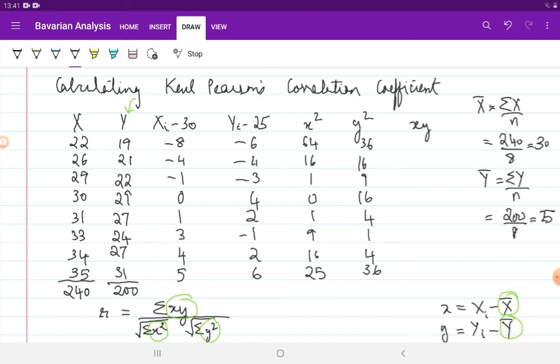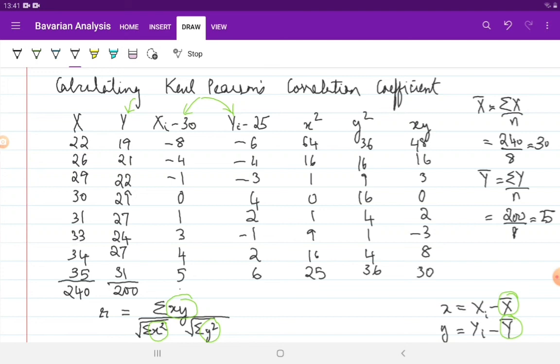So x into y will be this column into this column, which will be minus 8 into minus 6 is positive 48, positive 16, positive 3, 0, 2, negative 3, 8 and 30.